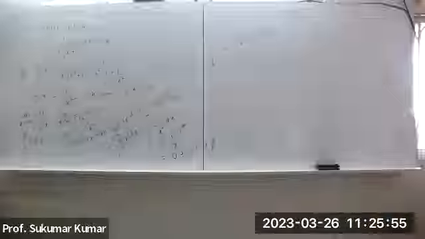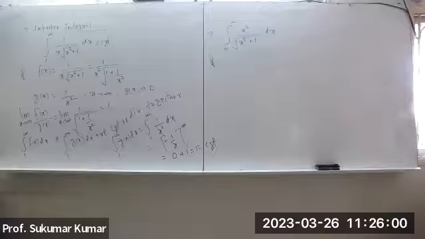What is g of x? Wait. x power 5 by 2, correct? And x square is there.